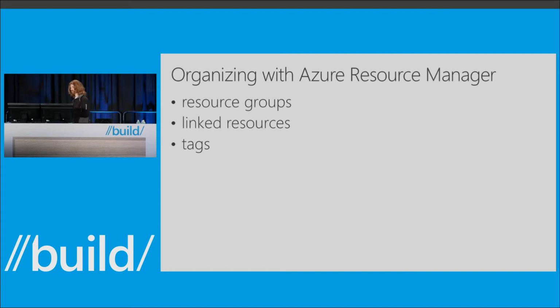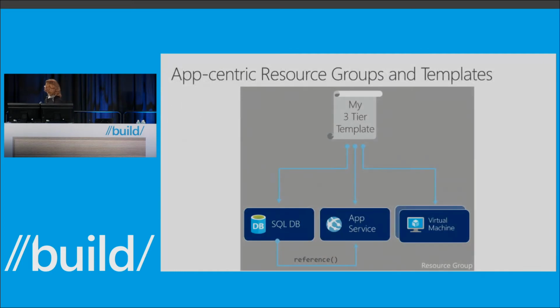So let's talk a little bit about resource group organization. This is probably the most common pattern that we see people following, okay? I have one resource group that is used for one application, and I deploy one template into that resource group.